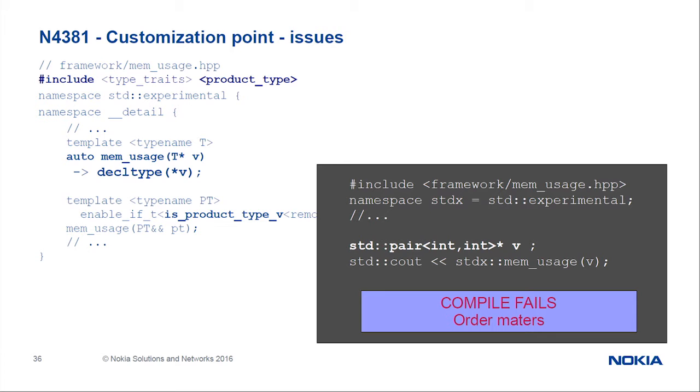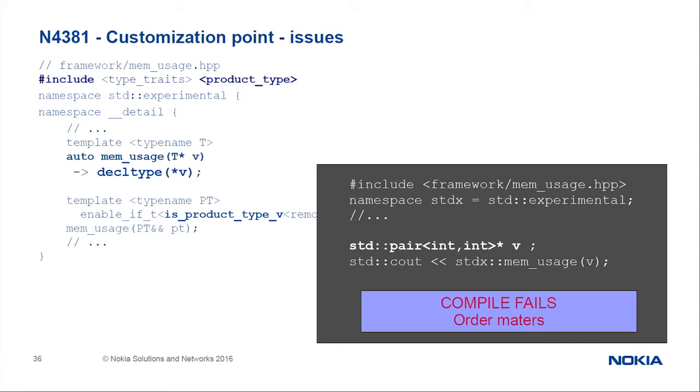However, if I take a pointer to a pair, this will not compile because I have this overload that uses mem usage, and the second overload for product types is later on. We are not using ADL at all.